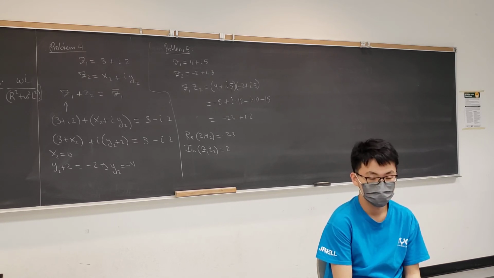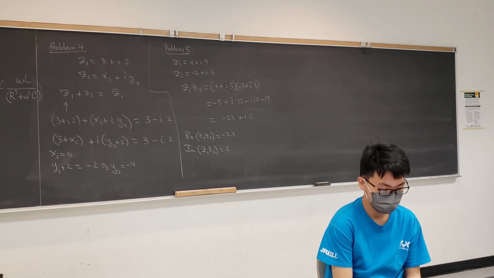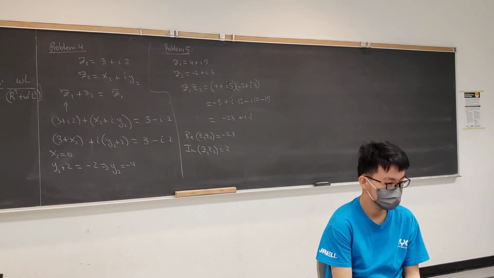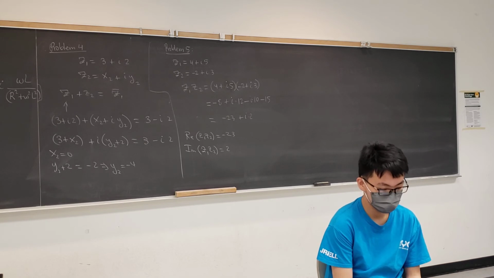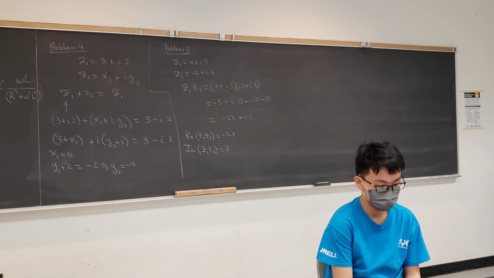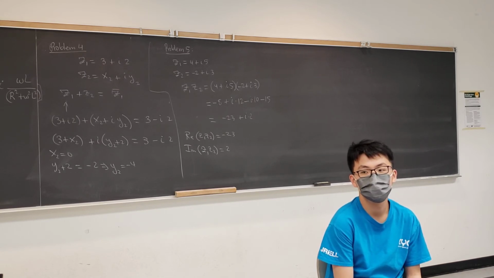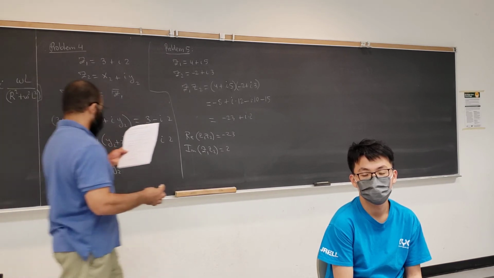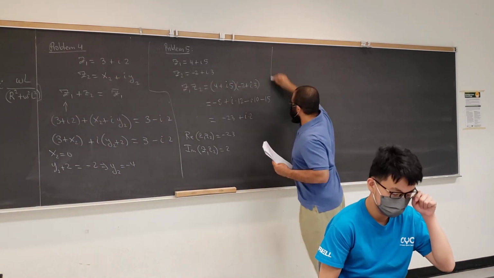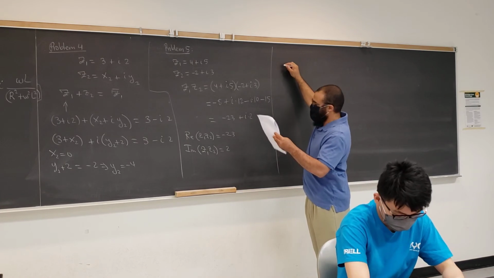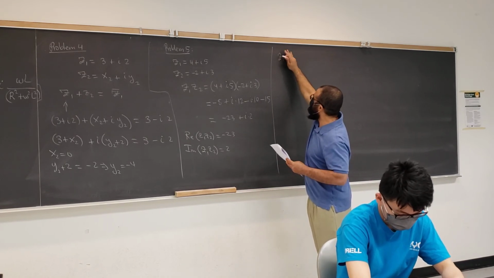The next one is you got a complex number Z1. It's 3 minus I times 3 square root of 3. And it says we want to express it using Euler's formula. So, problem 6.